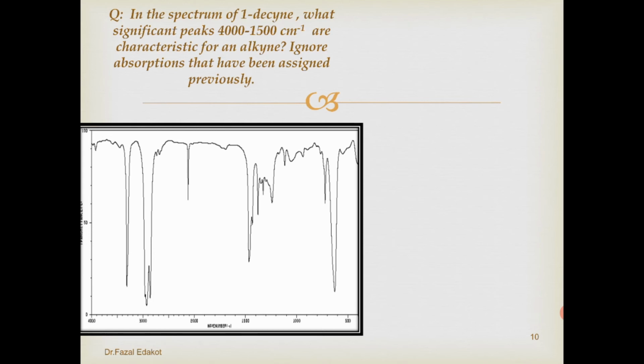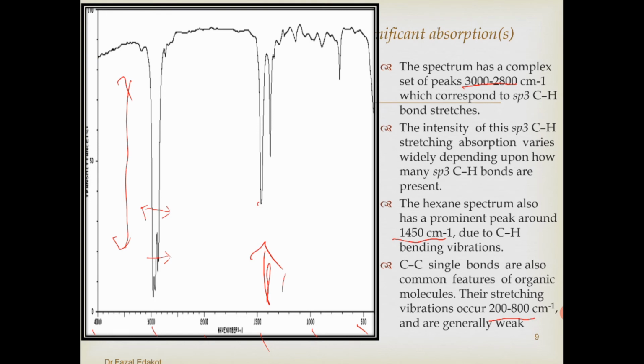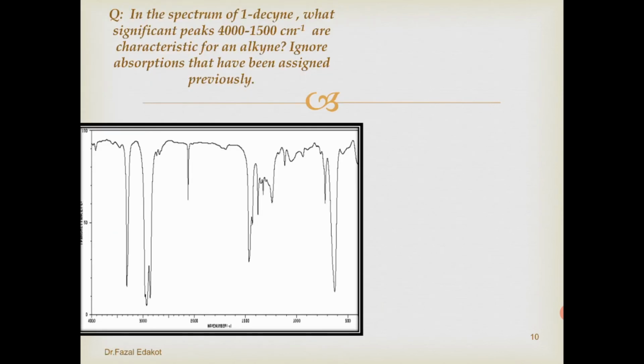this is a triple bonded compound. What significant peaks between 4000 and 1500 are characteristic of an alkyne? Before, we were discussing a saturated compound because of sp3 C-H. This is unsaturated. Unsaturated means alkyne. So let's see what the peaks are.